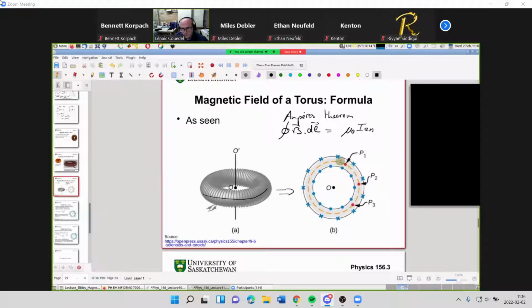On the closed contour, just by symmetry, you can appreciate that the magnetic field will be along the contour as well. So B and dl are parallel.